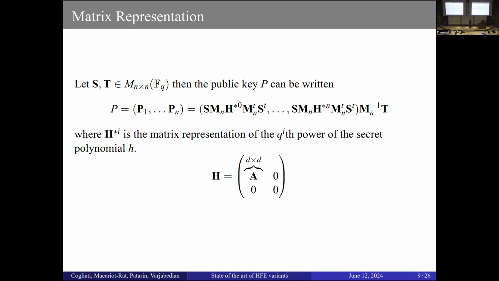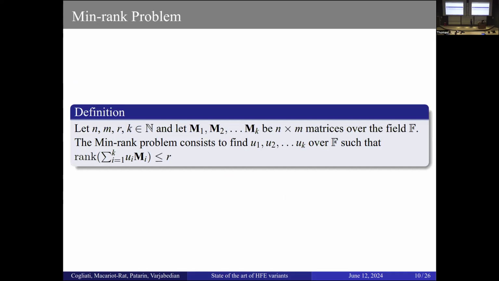It is important to note that the H has a special form, which is to only have a small block A of size d times d, and everything else is 0. So the MinRank problem: you need to have a set of matrices, and you want to find a linear combination of this set of matrices of small rank R.